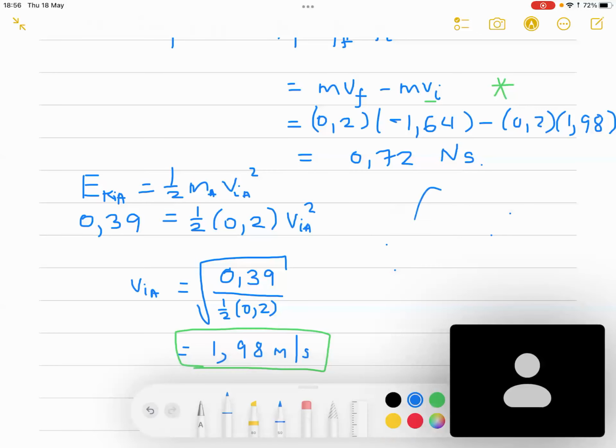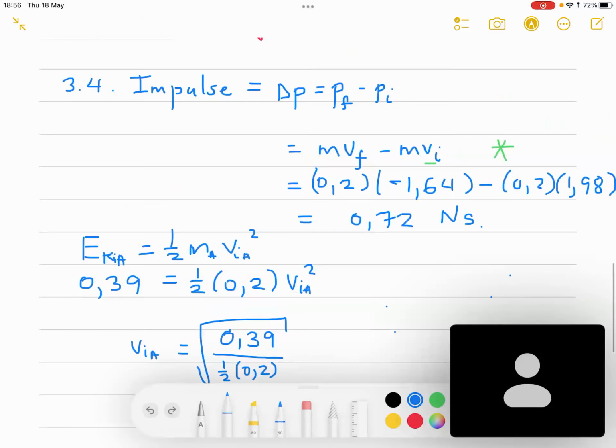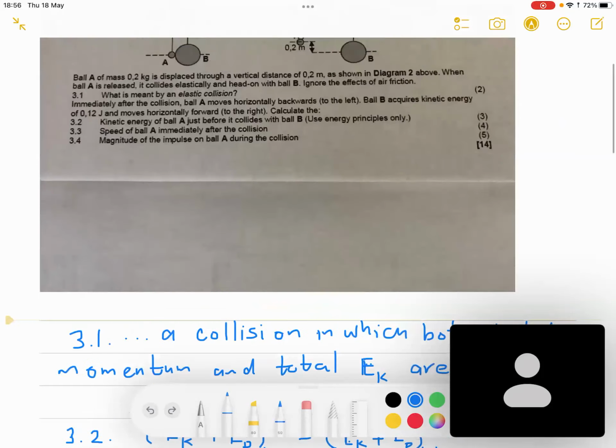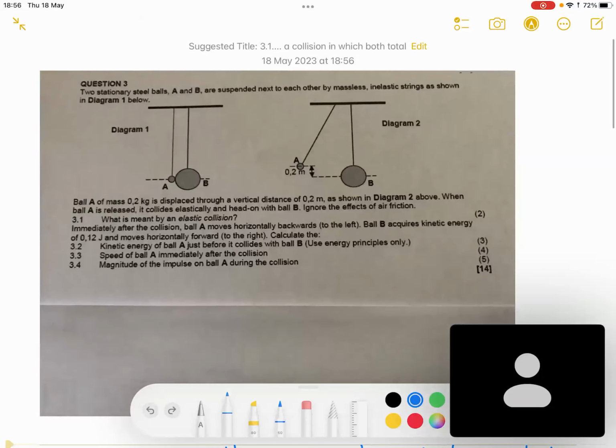Okay, so this is what we did. When we are calculating this change in momentum, I remember what it said here. So I said you have to know which direction is positive so that you can put the correct sign in.